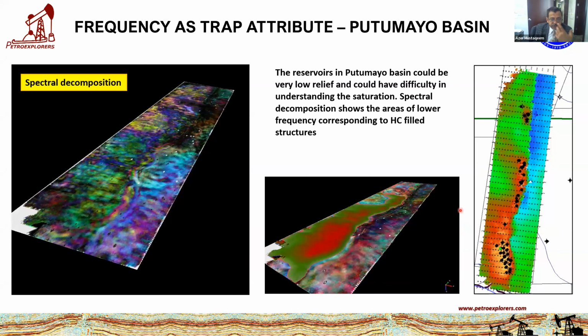Same spectral decomposition in Putumayo Basin. You can see the frequency attenuation because of the oil trapping on the top of these, where your actual reservoir has been captured by a very gentle slope, but frequency attributes or spectral decomposition can give you the frequency attenuation which is related, but yellow is not good, while the green means you have a lower frequency window.